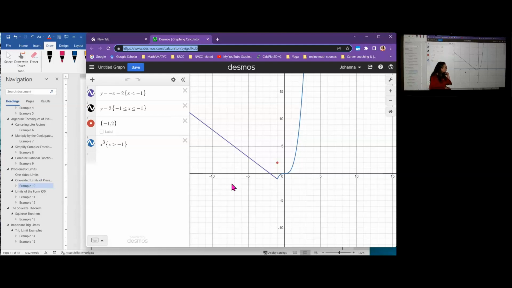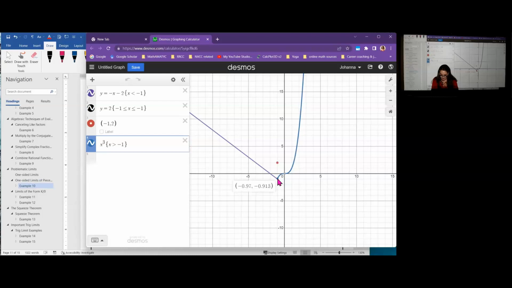Now, the only problem with Desmos is it's not good at showing where you have gaps or holes in the graph. It looks like it's plotting here at this corner down at -1, -1. If you click directly on it, though, it should show you that it is not, right? And let's see if I can get it right on it.